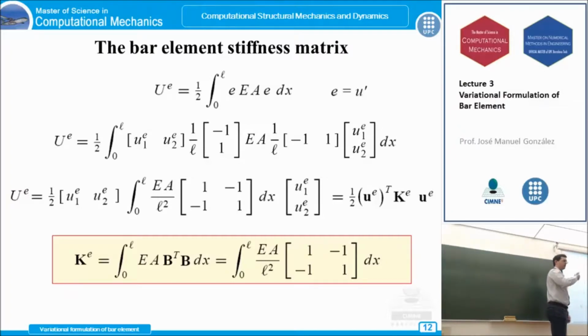I mean, in the second hour, we're going to talk about plane stress problems, for example, or three-dimensional problems, or any kind of problem. If you're able to formulate this internal energy and external work, you build a total potential energy functional, you get the minimum, and this minimum will lead you to an expression similar to this, which leads you to the equations you must solve to get the solution of the problem.